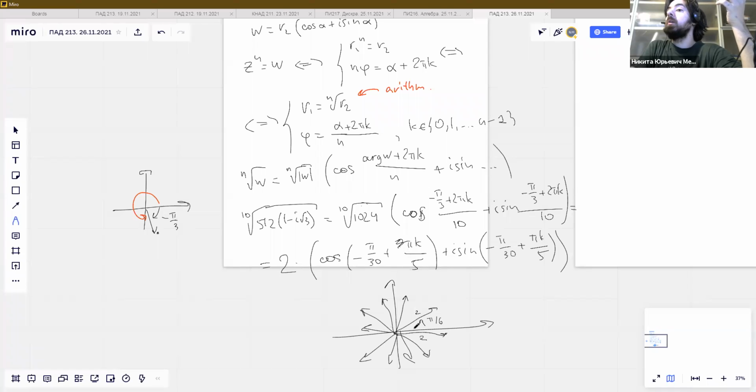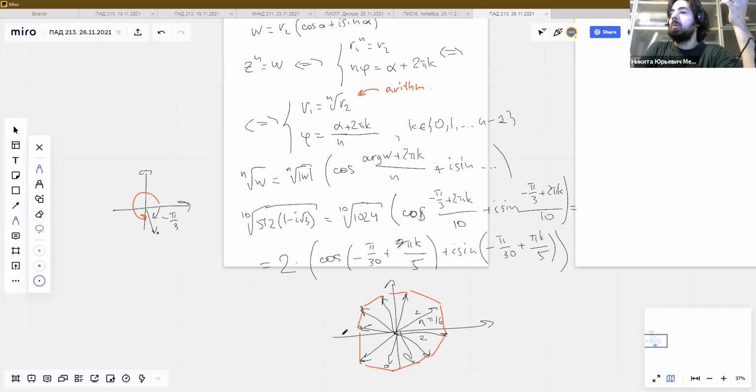So they are all equal. Thus, we can say something about the ends of the vectors. What can we say about the ends?